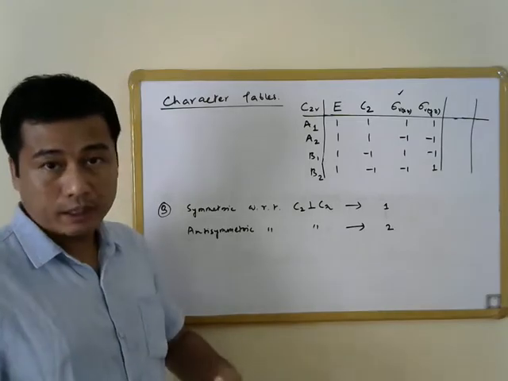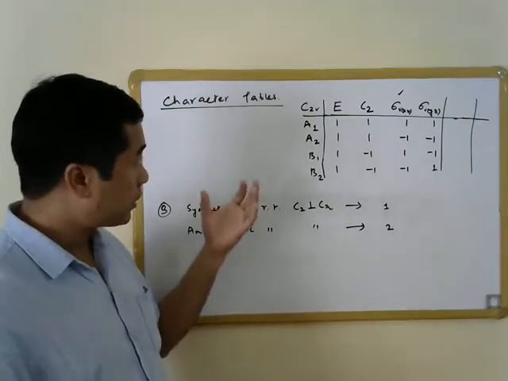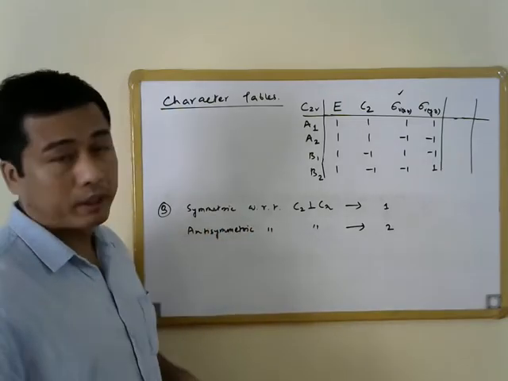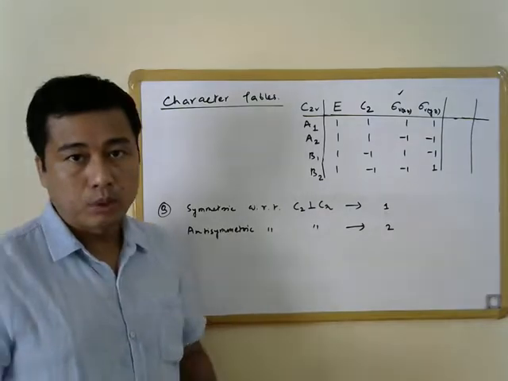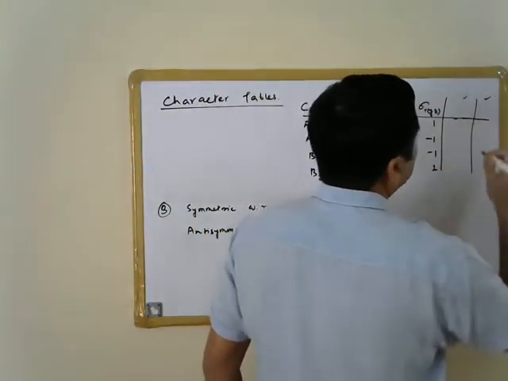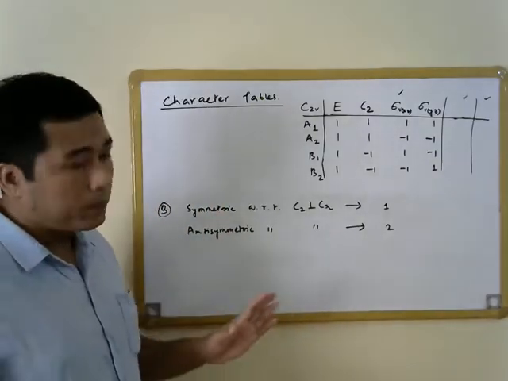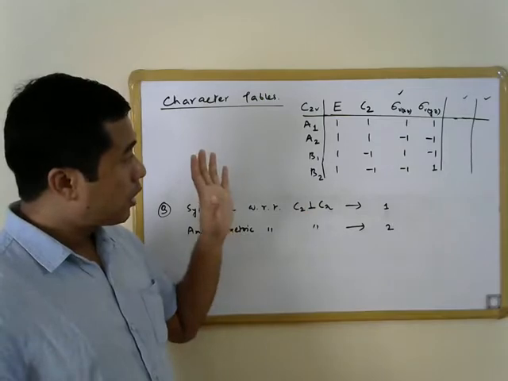So that is how one can use the Mulliken symbols to denote or find out the irreducible representations in a particular point group. Apart from this section where we write the Mulliken symbols, there are 2 more sections in the character table. We will learn about what is written in these 2 sections of the character table.